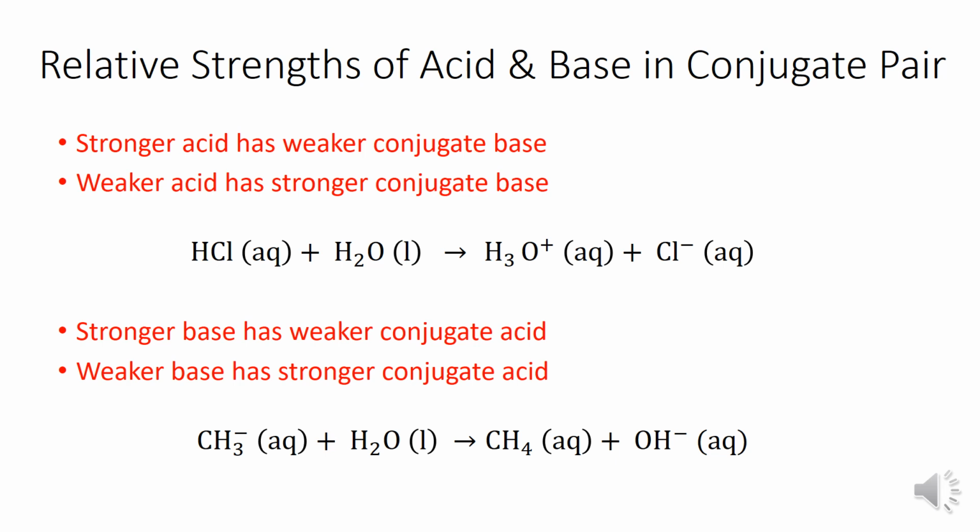Now, if we compare the strengths of the acid and the base in a conjugate pair, they should be opposite. So a stronger acid has a weaker conjugate base, and a weaker acid will produce a stronger conjugate base. For example, we have hydrochloric acid. This is a strong acid.